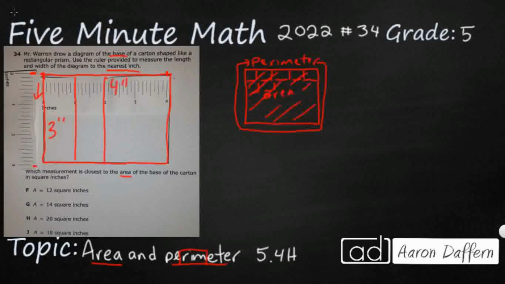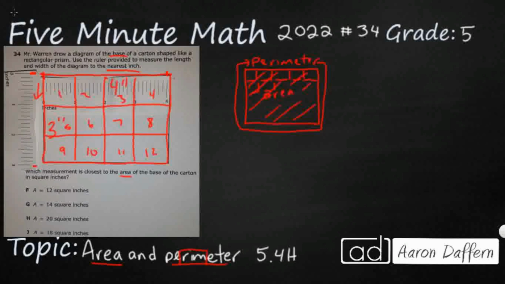Since they're sitting right here, we might as well. So I'm going to draw square inches using the lines that are on the rulers. And as you can see, I've got 1, 2, 3, 4, 5, 6, 7, 8, 9, 10, 11, 12. So I've got 12 square inches.